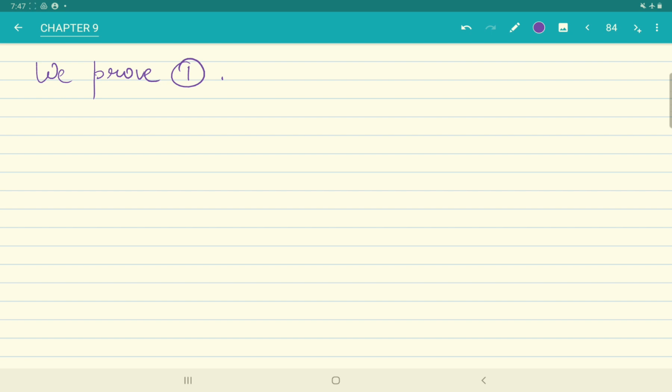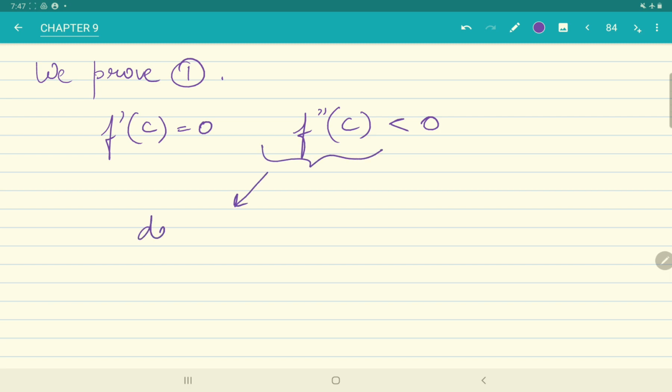For that, let's say f prime c is equal to 0 and also I have f double prime c less than 0. f double prime c is nothing but the derivative of f prime x at c. So this is nothing but the derivative when we differentiate f prime x and we evaluate that derivative at c, that gives us f double prime c. So it is the derivative of f prime x at c.